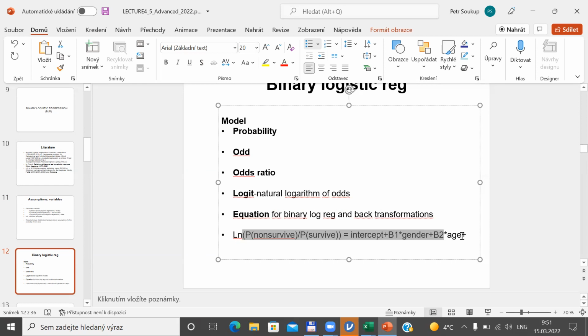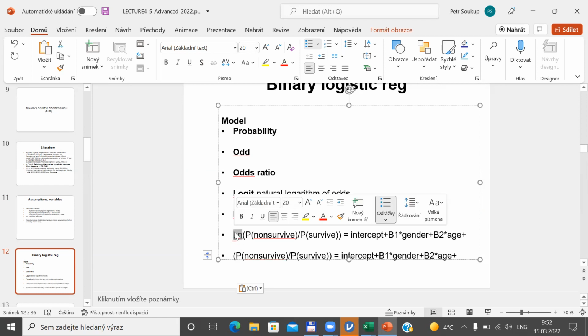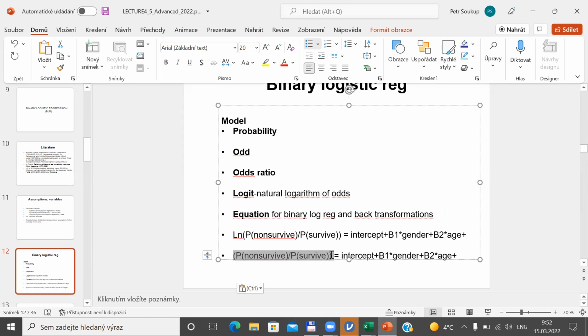So I would take this equation and I will try to give you a hint. If I would like to change logarithm into non-logarithm, so it means from logit to odds ratios, I would need to exponentiate. So exponential function is the inverse function to logarithm. So if I exponentiate logarithm, there would be nothing, or number 1 could be present here. So I would need to exponentiate.